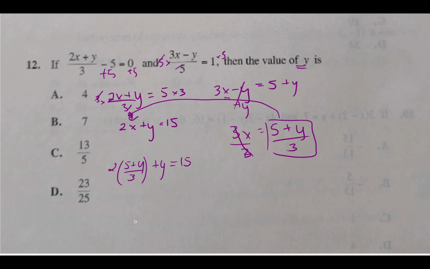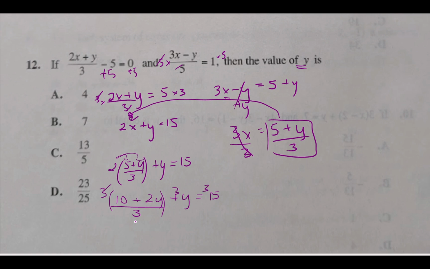So from here, I do want to get rid of this fraction. So I'm going to multiply this 2 all the way through. So it'd end up with 10 plus 2y, and this is still all over 3, plus y equals 15. Now, to get rid of the 3, I'm going to multiply every term by 3.